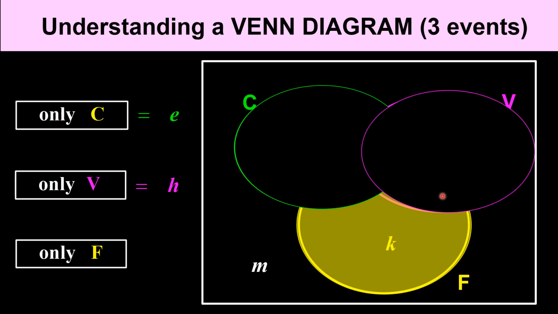So I remove the chicken part and the vegetable part. The only F is then represented by region K.